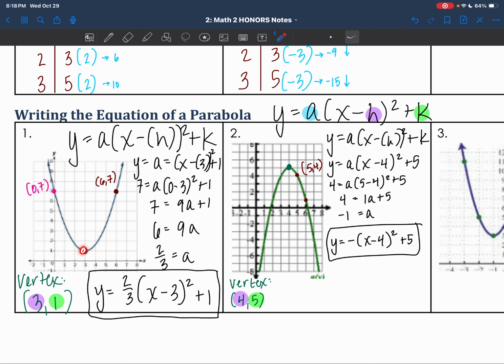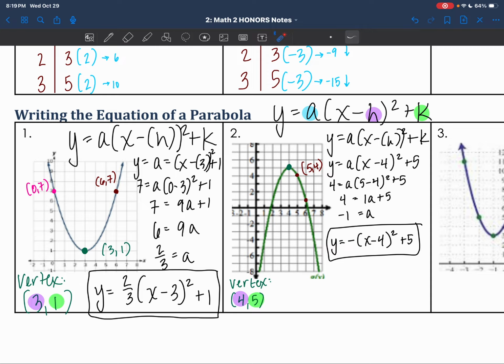I'm going to take my vertex here, which is (3, 1), and I'm plugging my 3 here and my 1 here. Now remember, this is +3 because you're always going to be minus something.